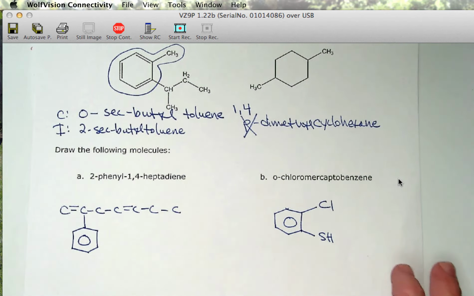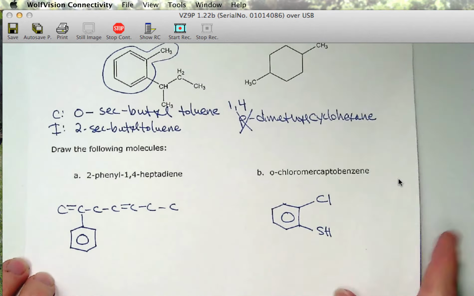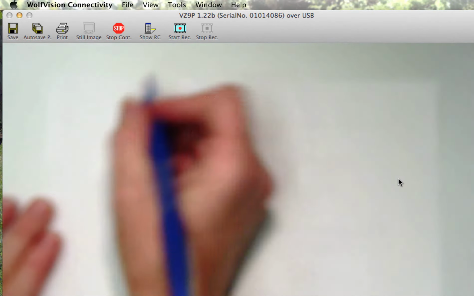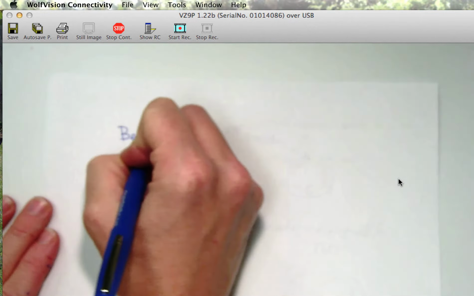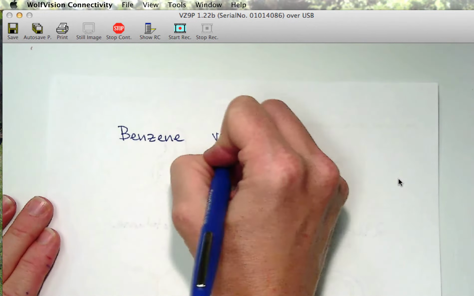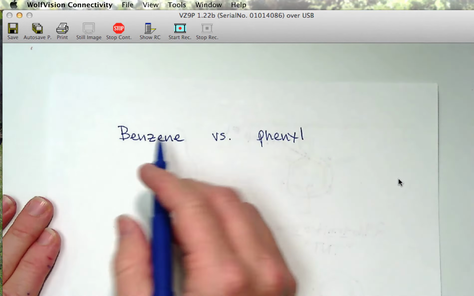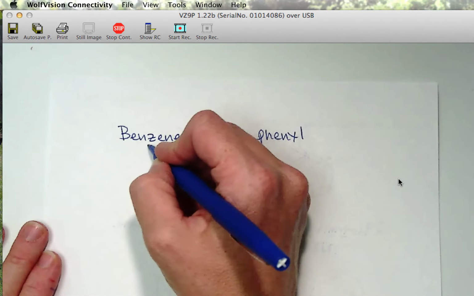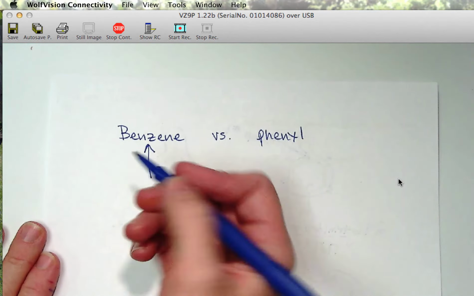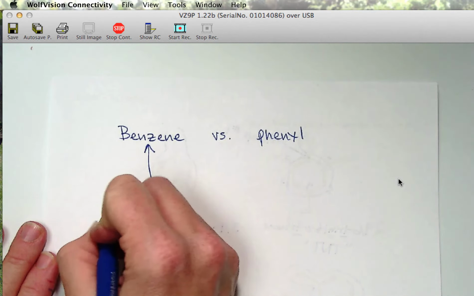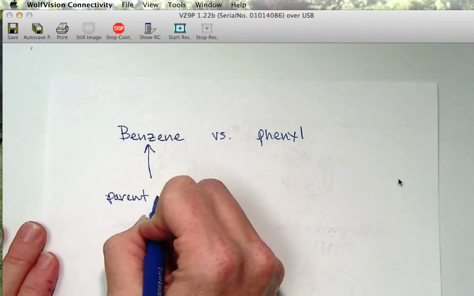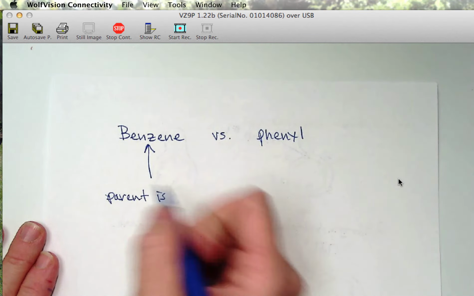I do want to say one more thing before we finish Unit 3. Benzene versus phenyl. Benzene is used when the parent is 6 carbons.